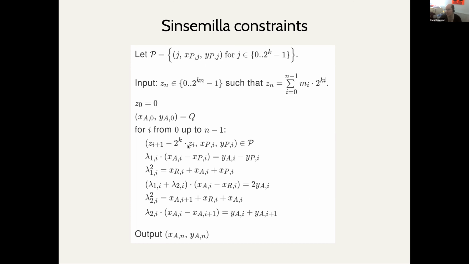So suppose we're using a 12-bit table, we constrain that to be within 0 to 2 to the 12 minus 1. And it also looks up the point corresponding to those message bits. And then we do the elliptic curve arithmetic, using the optimization that we said before, the A plus P plus A optimization.